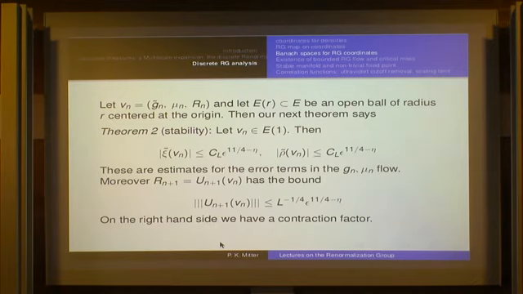The first theorem is stability. If Vn is in E1, the ball of radius 1, then the correction to the G flow, which is I tilde and depends on all three objects, is epsilon to the 11/4 minus eta, and rho tilde, which is a correction to the mu flow, is that.